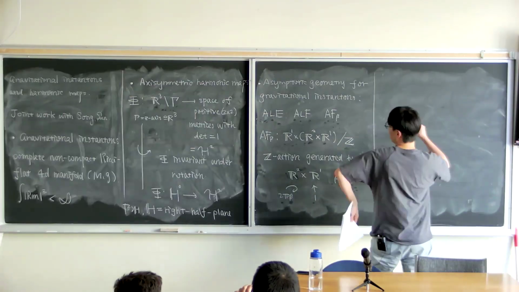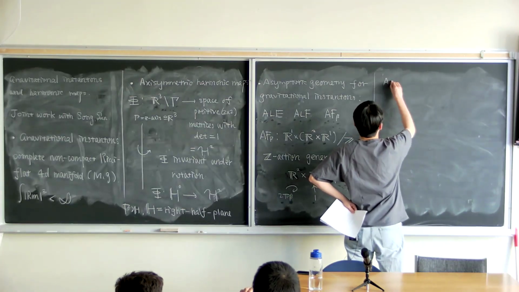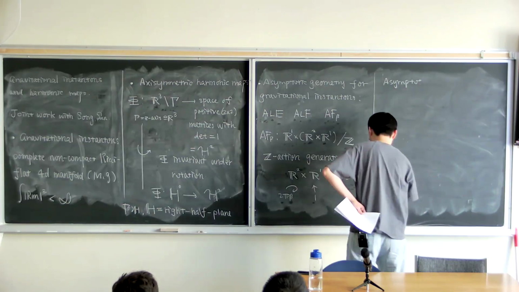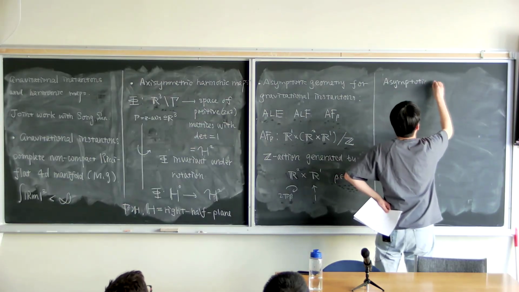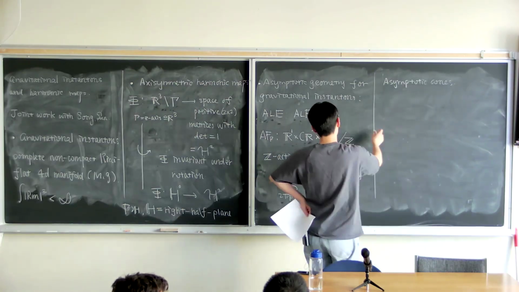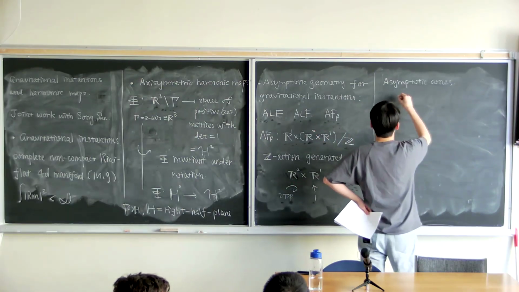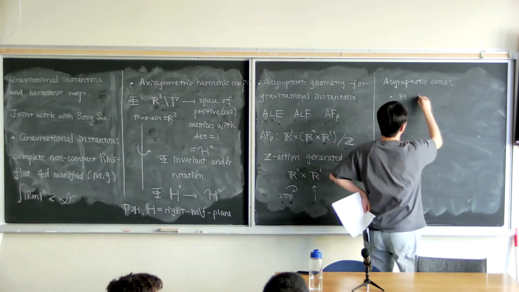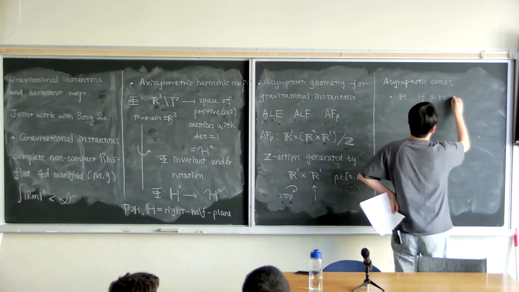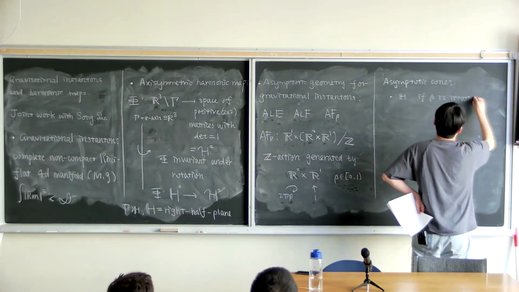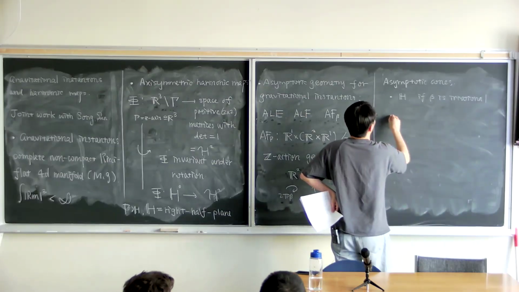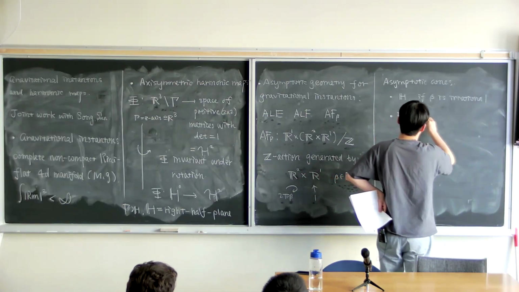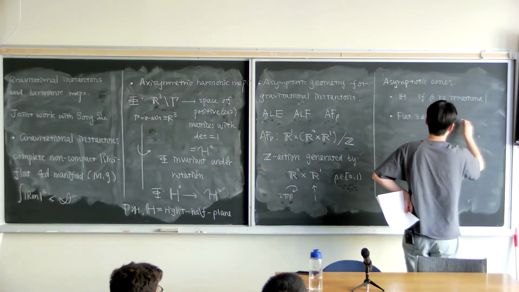All right. And I have some remarks about these models. If you consider the asymptotic cone for this model, then the asymptotic cone is going to be a flat half plane if your beta is irrational here, and it's going to be a flat three-dimensional cone if your beta is rational.